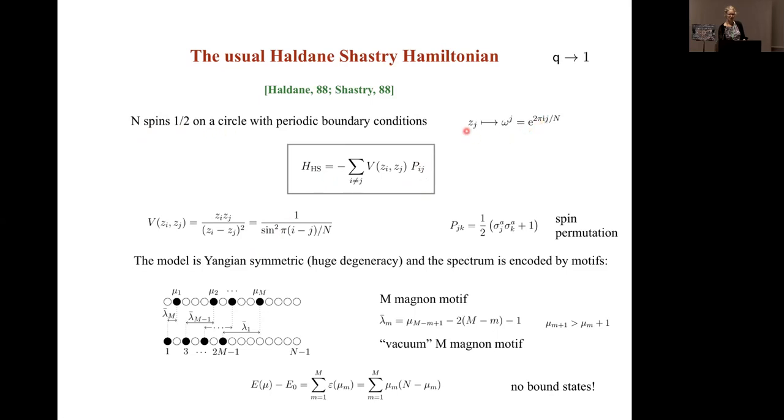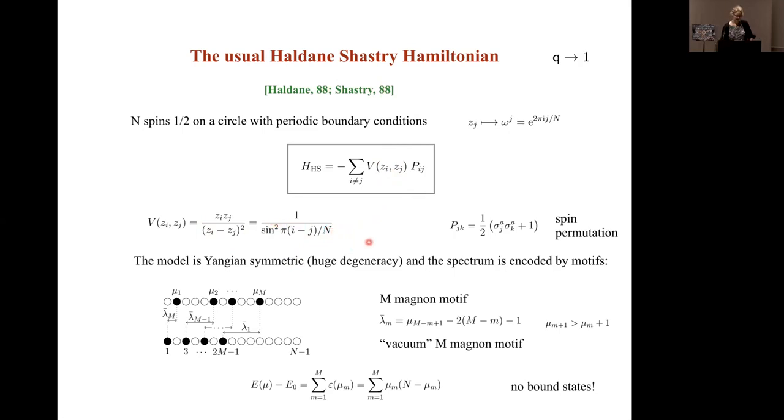The spins are located at the nth roots of unity on the circle. The interaction between the spins is given by the usual spin permutation, like in the XXX model. The only difference with the Heisenberg model is that this potential connects not only the nearest neighbors, but any two spins on the chain, with the potential 1 over sine square.